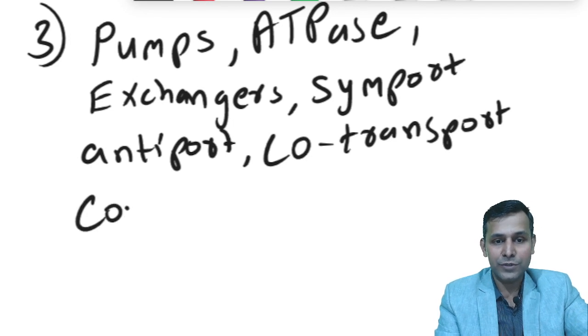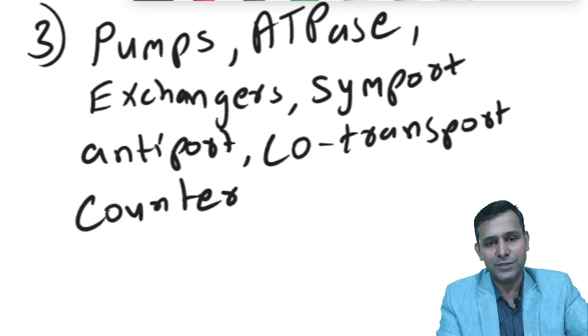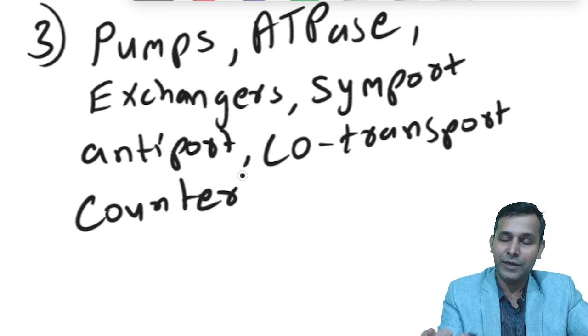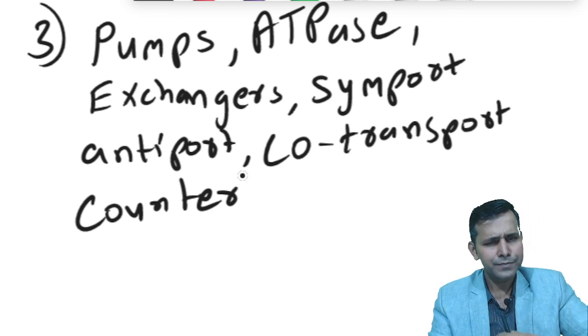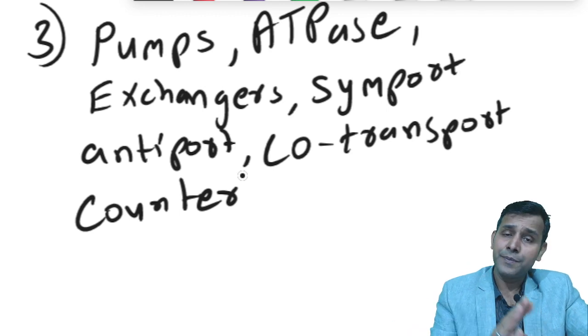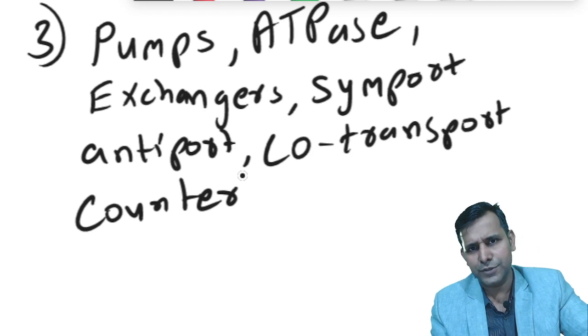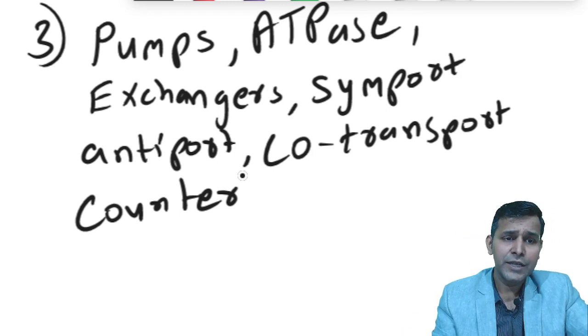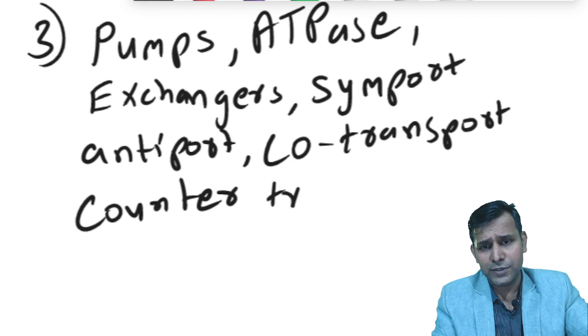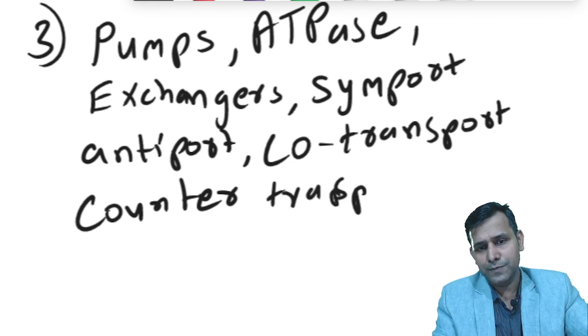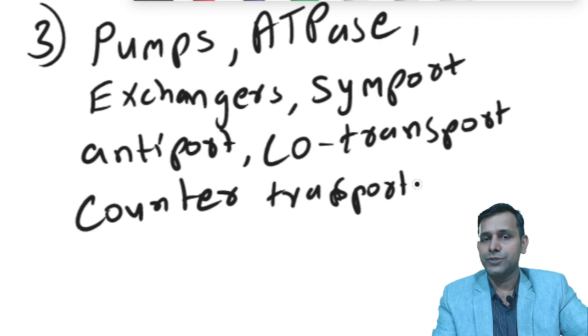So if you come across these words in your text, pumps, ATPase, symports, antiports, exchangers, co-transporters, counter transporters, remember all these transporters are active transport. They are all active transport.